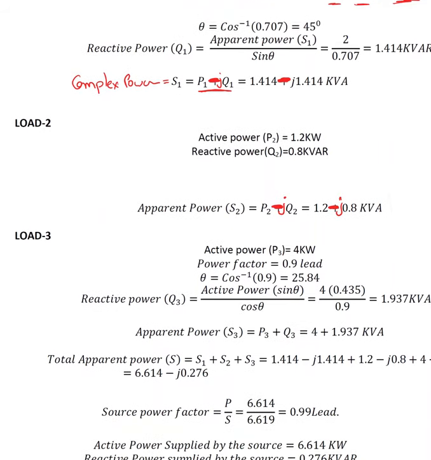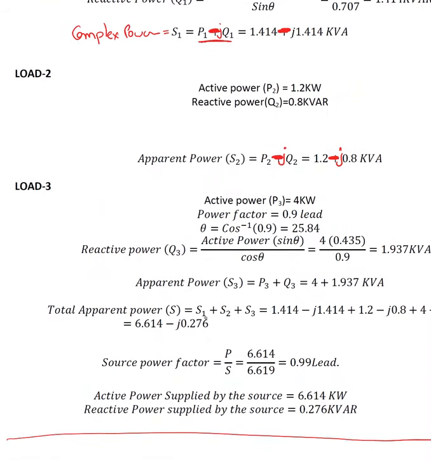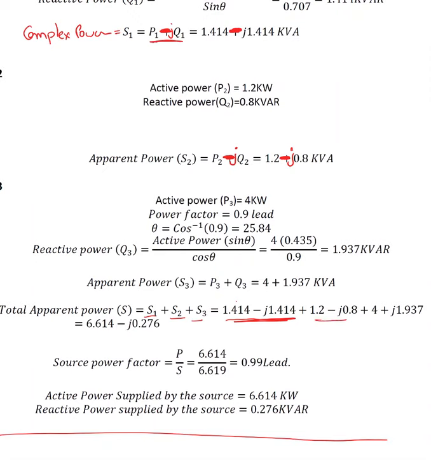Now you're going to add all three together: S1 plus S2 plus S3. S1 is 1.414 minus j1.414, since the reactive power of a capacitive load is negative. Load 2, same thing: 1.2 minus j0.8, active power consumed by the resistor and minus 0.8 supplied by the capacitive load.